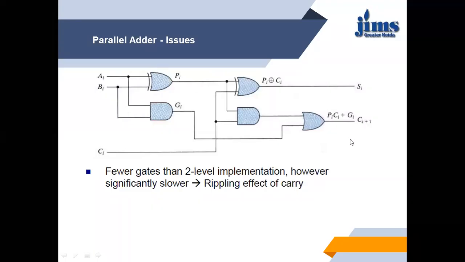Suppose each gate has a propagation delay of 1 nanosecond, meaning when we give an input it takes 1 nanosecond to give the output, which is pretty general. With 3 levels, the sum will be generated after 2 nanoseconds and the carry will be generated after 3 nanoseconds.